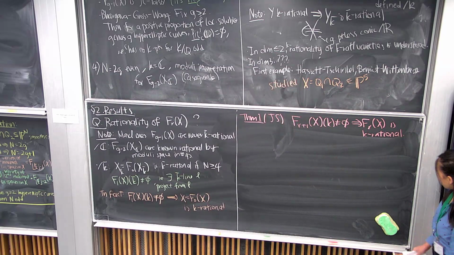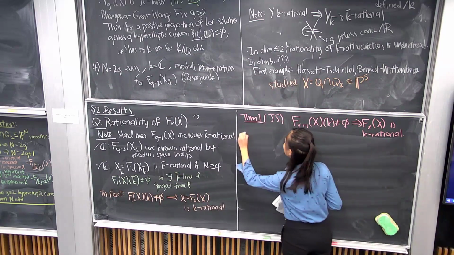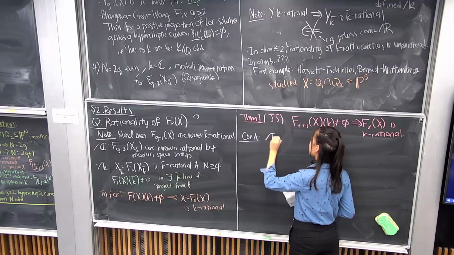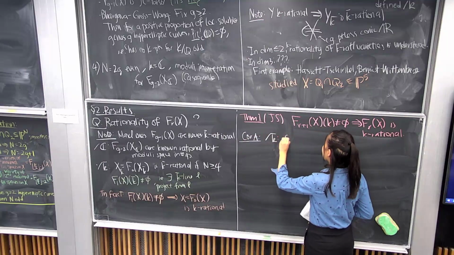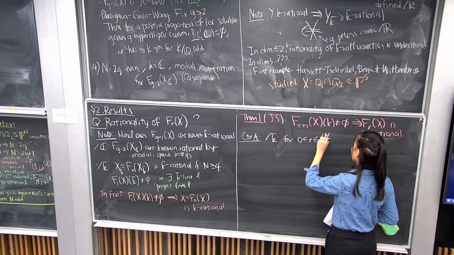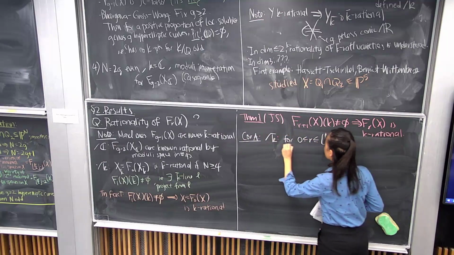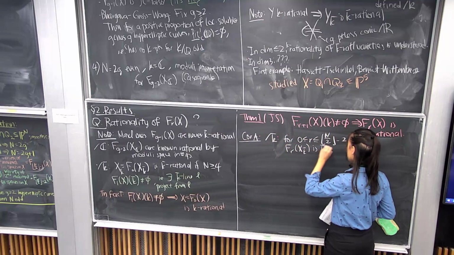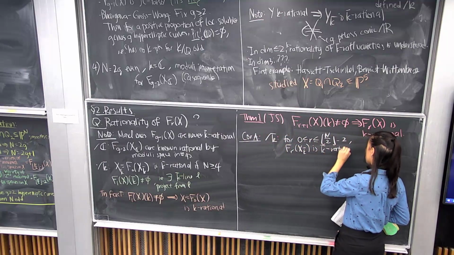Wait, sorry, maybe before saying what's new, I'll first immediately give two applications. The first application is that over an algebraically closed field, any non-maximal variety of linear spaces is rational.